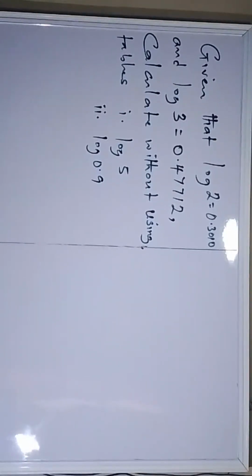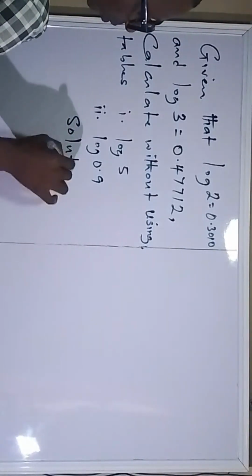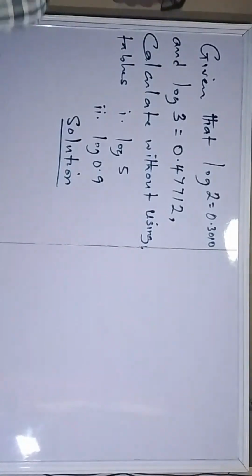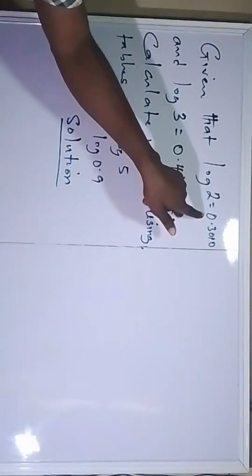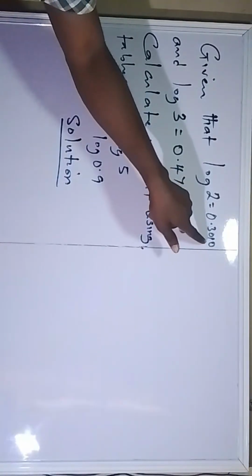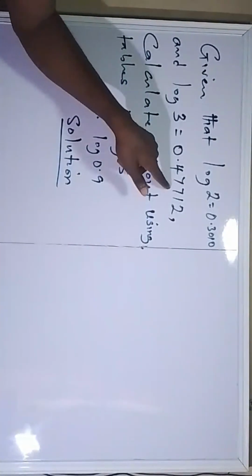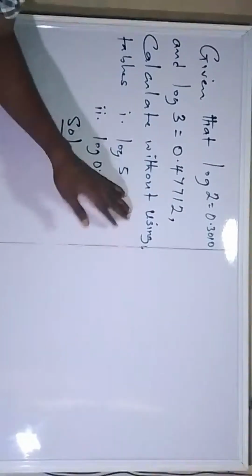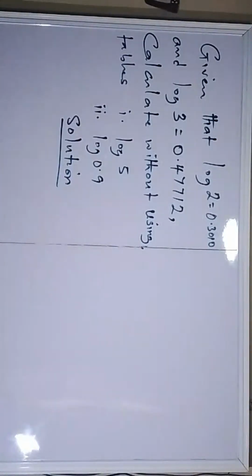So how do we solve this type of problem? You are given that log of 2 is 0.3010 and the log of 3 is 0.47712. You have to calculate without using tables the value of log 5.